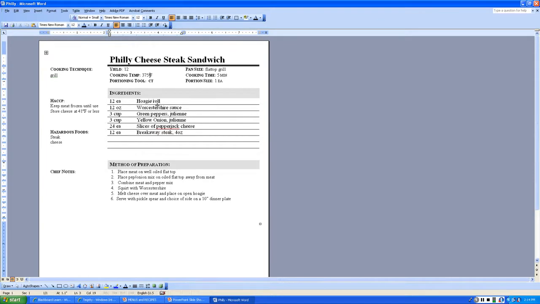I buy Worcestershire sauce by the gallon. I know that a gallon costs $5.48, and so I can figure out exactly how much each ounce of Worcestershire sauce costs, and I need 12 ounces. I know exactly how many pennies of Worcestershire sauce I'm putting in.